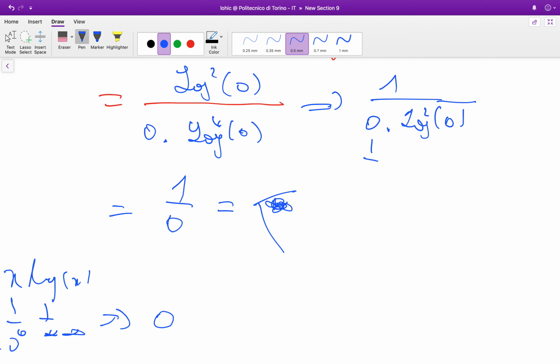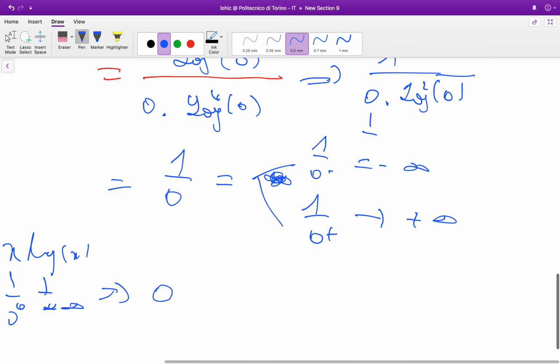This means that if we are doing the limit at 0 minus, it will be 1 over 0 minus and give you minus infinity. If you are doing it at 0 plus, it will be 1 over 0 plus and give you plus infinity.